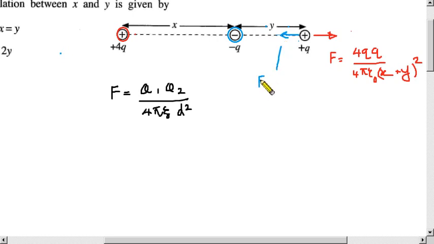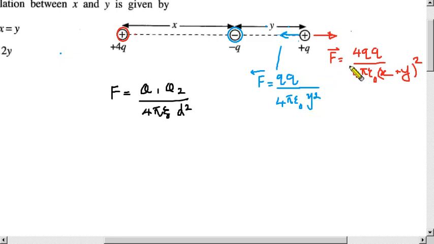Then the force towards this way, F equals q and this q also, divided by again 4 pi epsilon naught. Since we know the direction is this way, we don't have to use these signs. Then 4 pi epsilon naught, the distance is y squared.